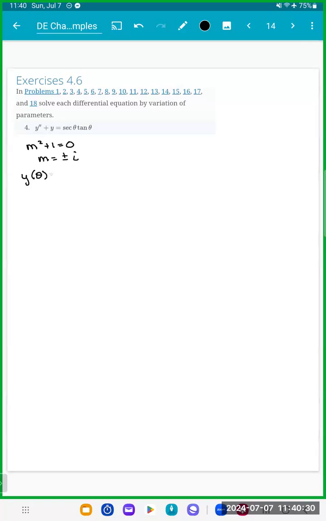So our y of theta is equal to C1 cosine of theta plus C2 sine of theta. Just as a refresher, we have P y double prime plus Q y equals R, and our R is equal to secant theta tangent theta for this problem.